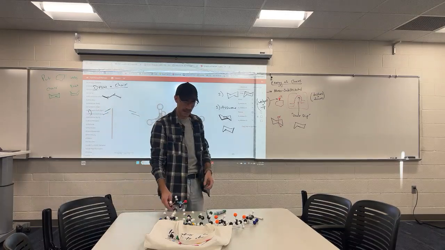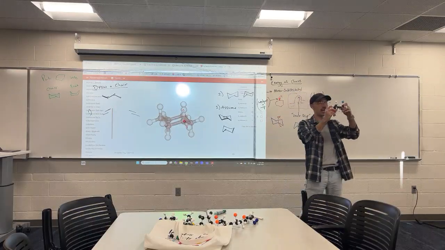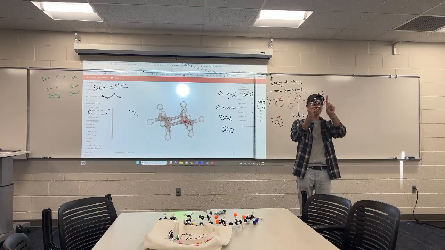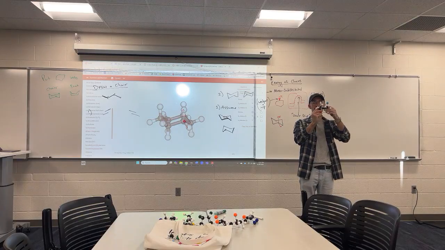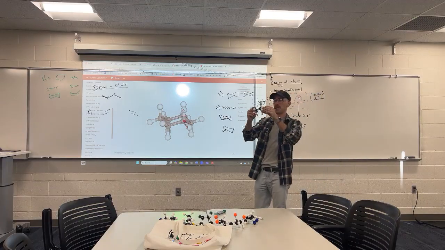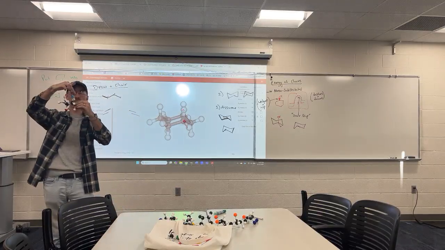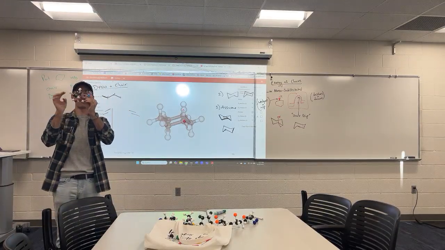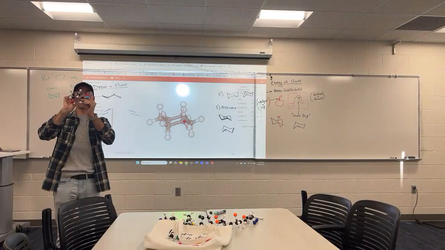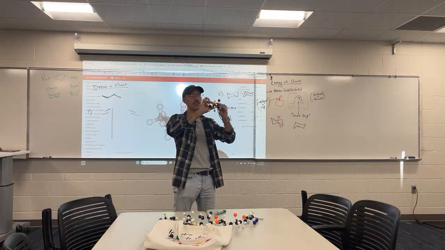Now, as you were hopefully feeling out earlier, in a chair flip, anything that's pointing straight up or straight down is going to change its position. One way that you can do this with a model is to take hold of the 1, 3, 5 positions and change all of them, and then take the 2, 4, 6 positions and change them.